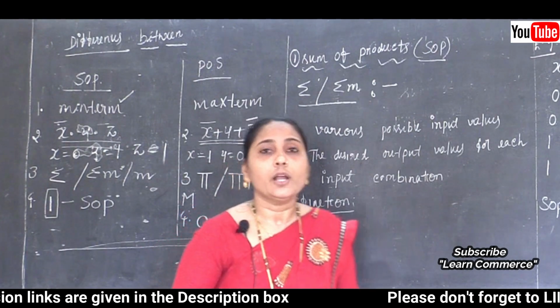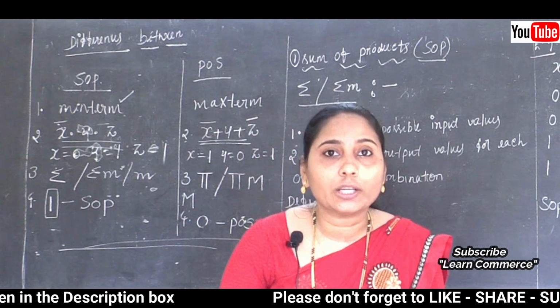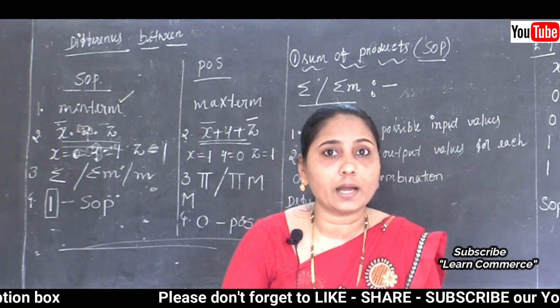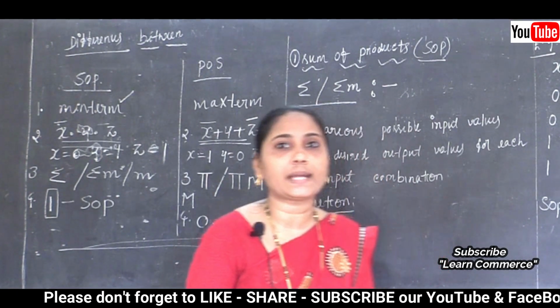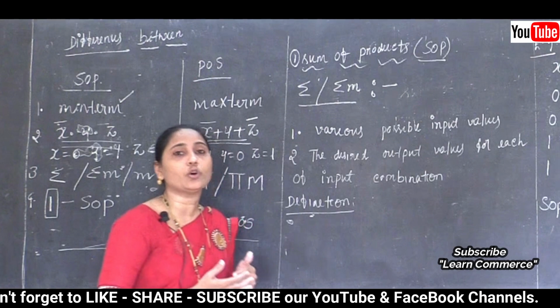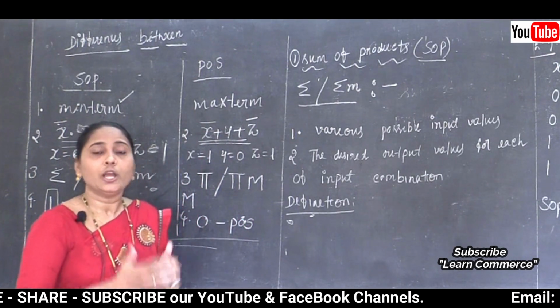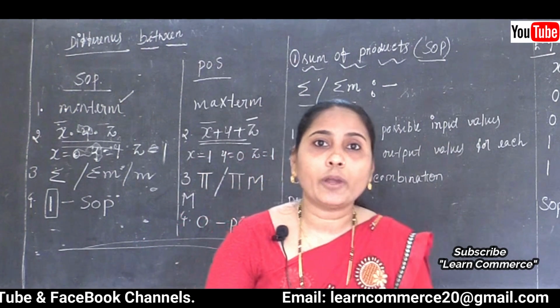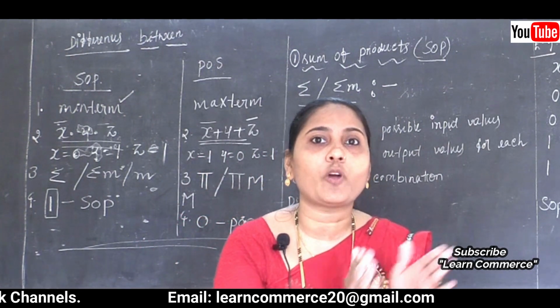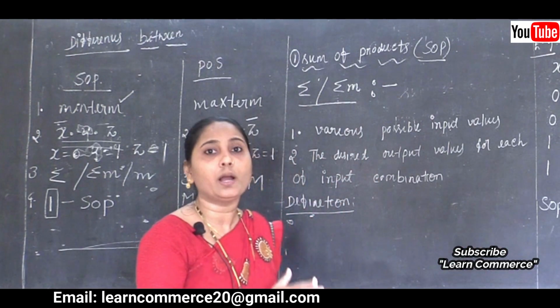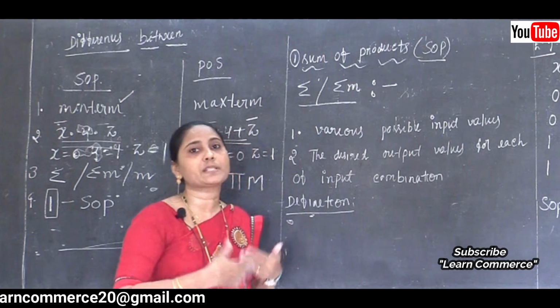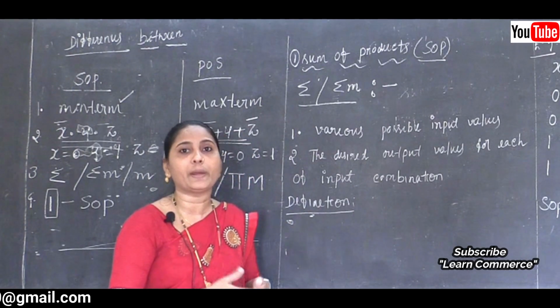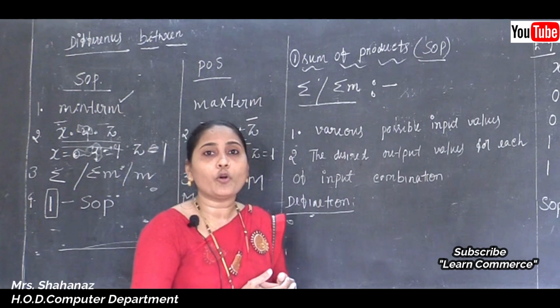When you form a logical expression, we need the input as well as the output. Why? Because to get the output, first of all we need to input the values, maybe using two variables, sometimes three variables, or sometimes four variables.